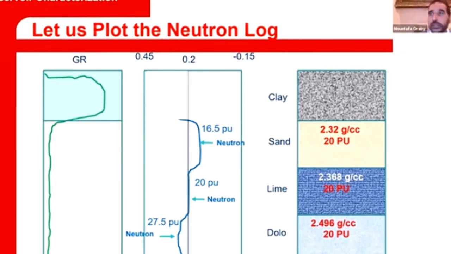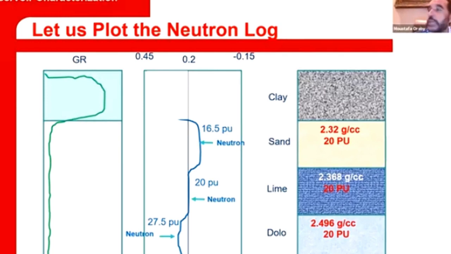The only one that stayed 20 is limestone on limestone. That makes a lot of sense. So in front of the lime, I'm matching the 20, but in front of the sand, I'm reading less, and in front of the dolomite, I'm reading high. Very simple. So I'm expecting that's the way my neutron will react.